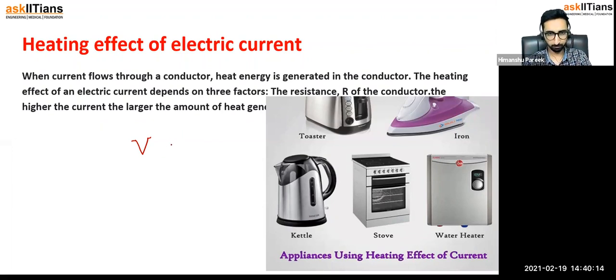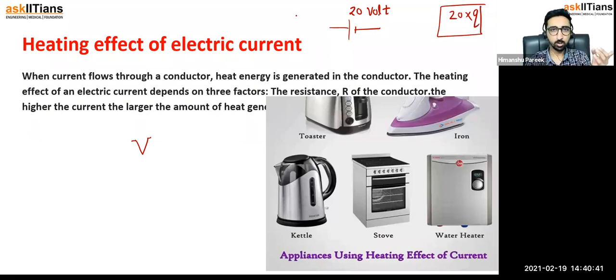Now, this is the potential V we are applying with the help of a battery. Suppose we have a battery here and I'm giving a voltage of 20 volt. Basically, it tells you that if you have Q amount of charge, then the energy which this battery would be providing to that Q amount of charge would be 20 multiplied by Q.